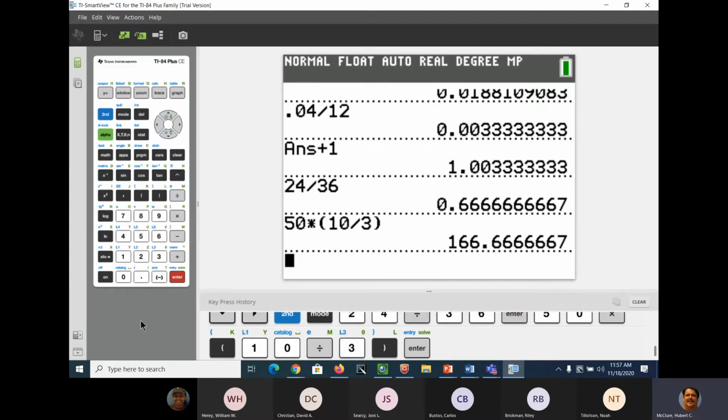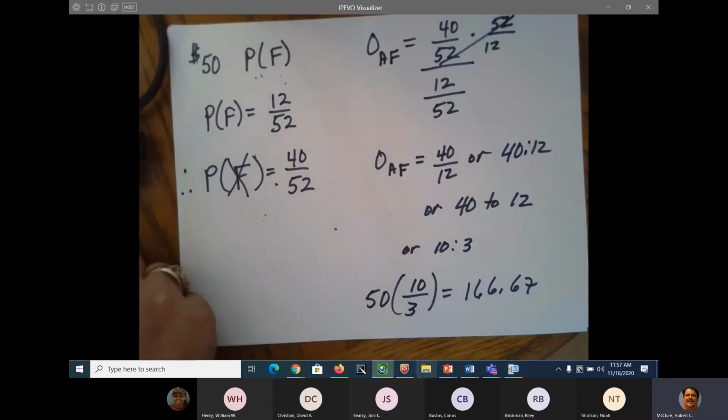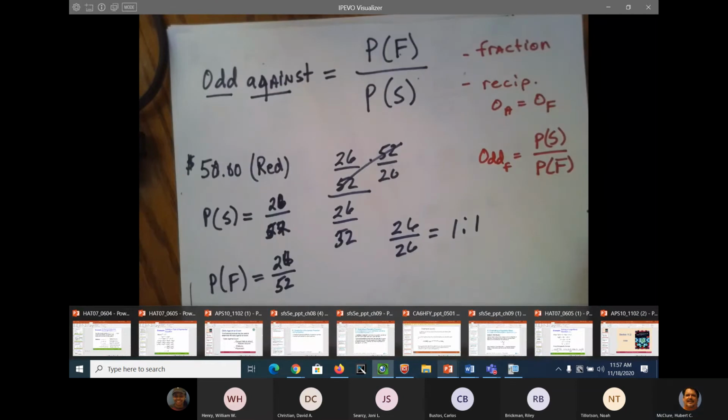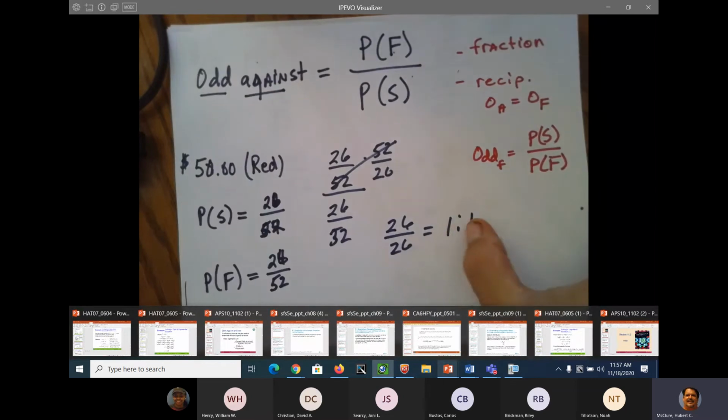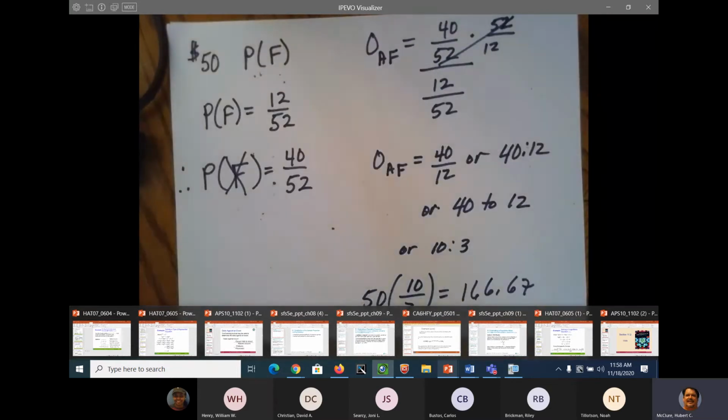Let me give you a little generalization about the odds against. What happened between the red card, where I didn't win anything because I had 1-to-1 odds against, and a king? What happened?